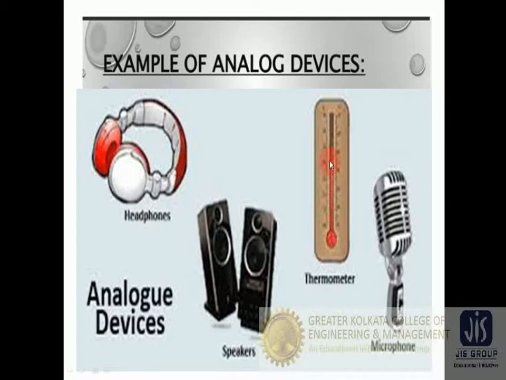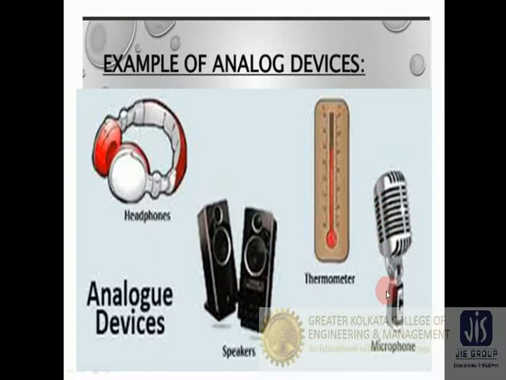The reading of the thermometer continuously increases or decreases depending upon the temperature, so it is analog in nature. That means each and every moment we can get the value of this thermometer. Then the microphone converts the audio signals into electrical ones. It takes audio as input and produces an electrical signal as output.